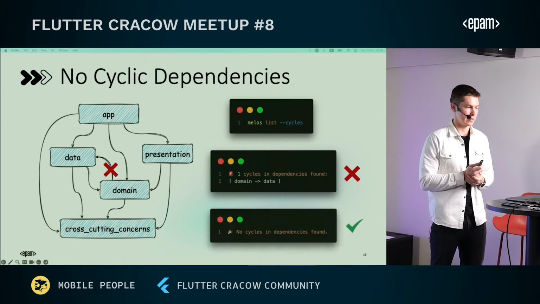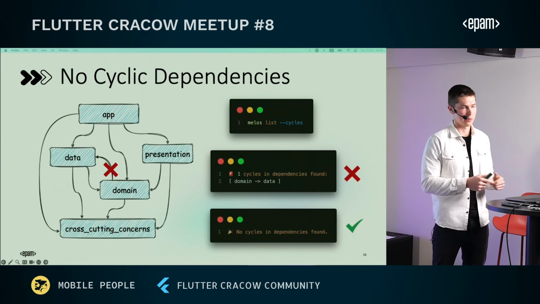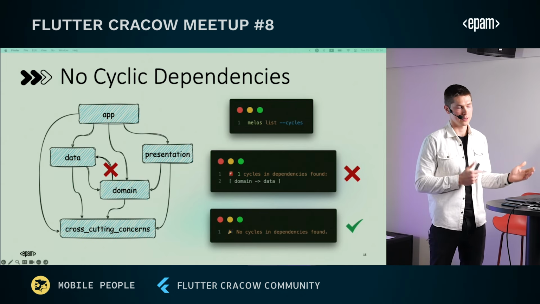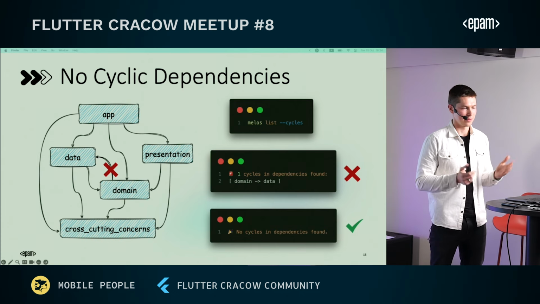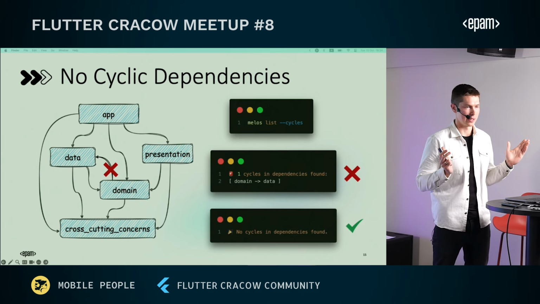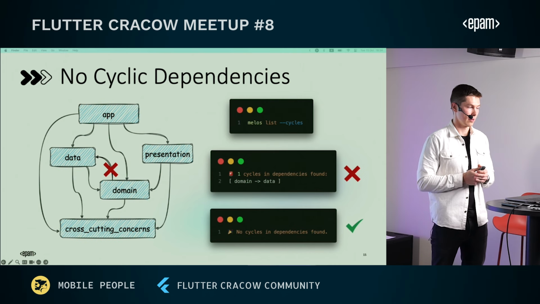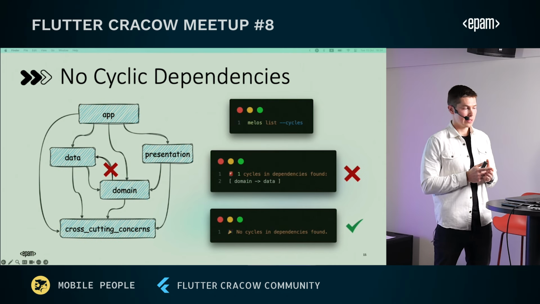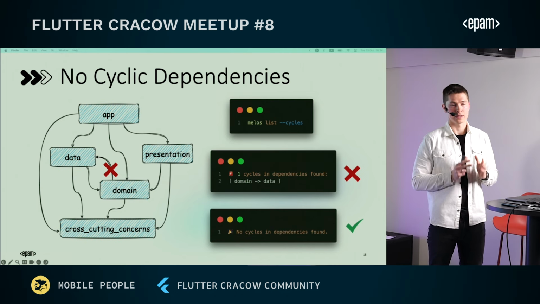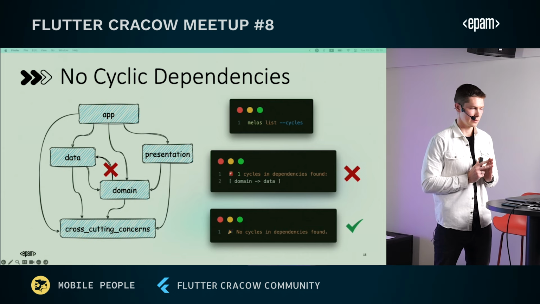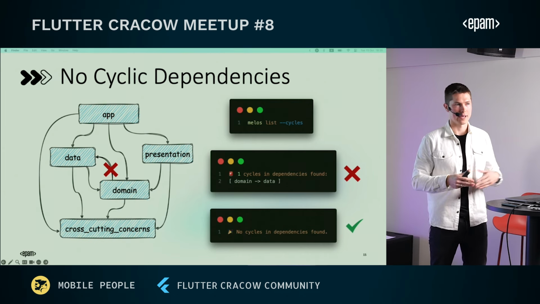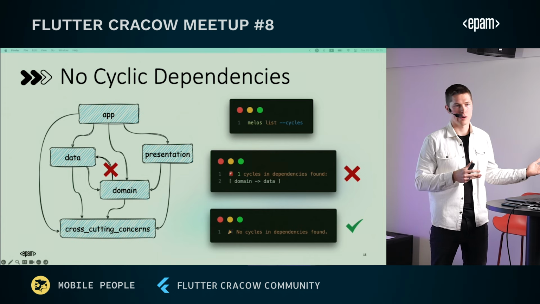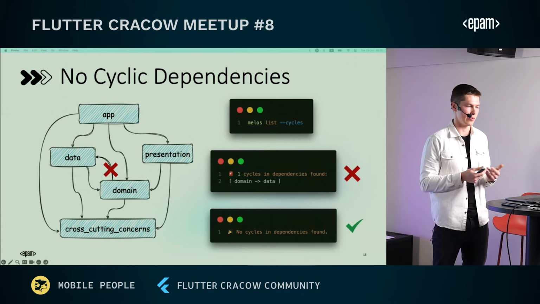It means that you can easily integrate this check in your CI pipeline, and everyone who violates this rule will see a red PR right away. And what I especially like about this command is that it is super, super fast. It gives the result in less than a second, no matter how many packages you have. If you have 10 packages in your mono repo, or if you have 100, the result is almost instant.